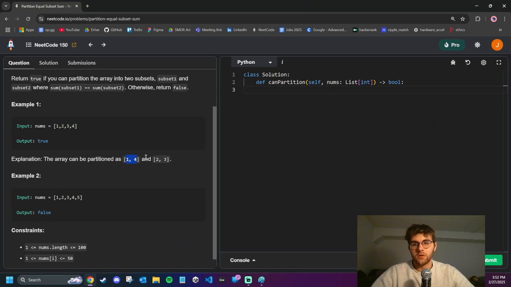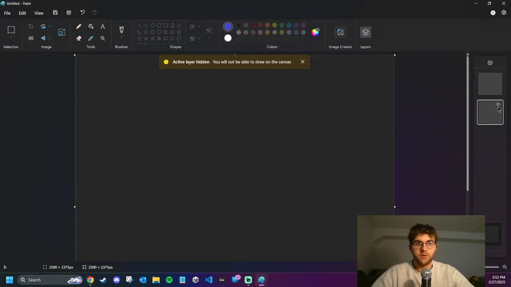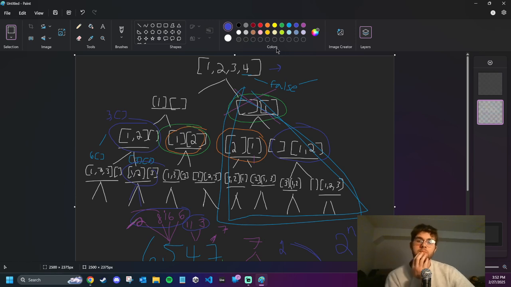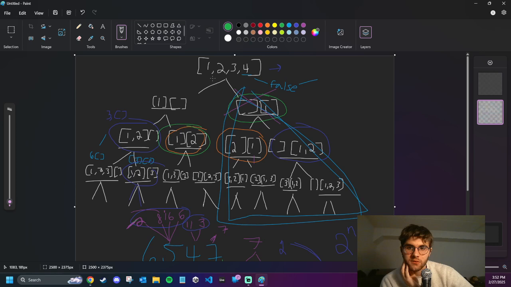1, 4, 2, 3. So what path would get us to 1, 4, 2, 3? It'd be this one. This path. Is there a way we could have known?